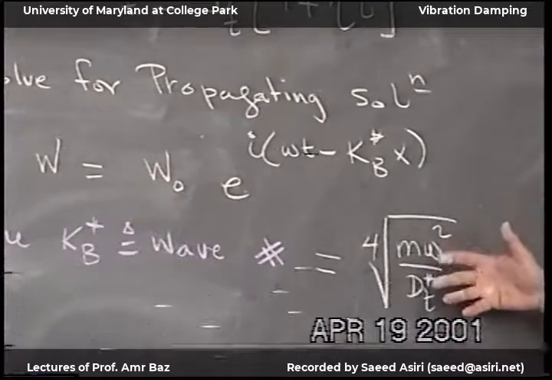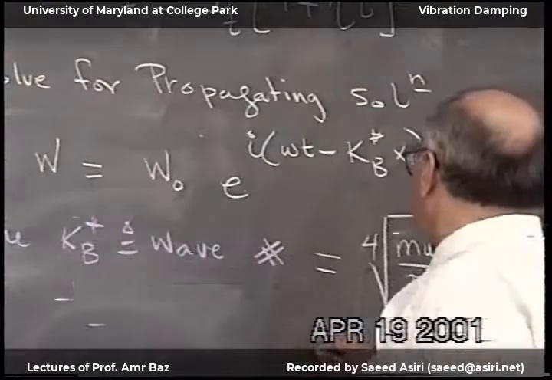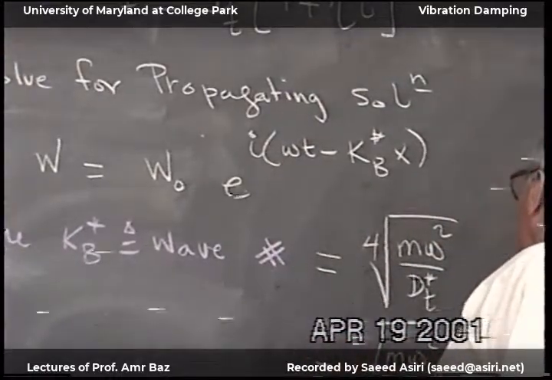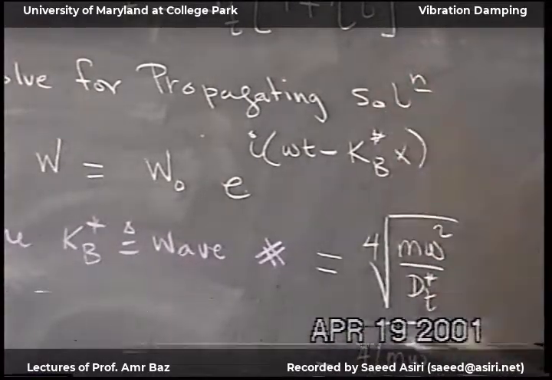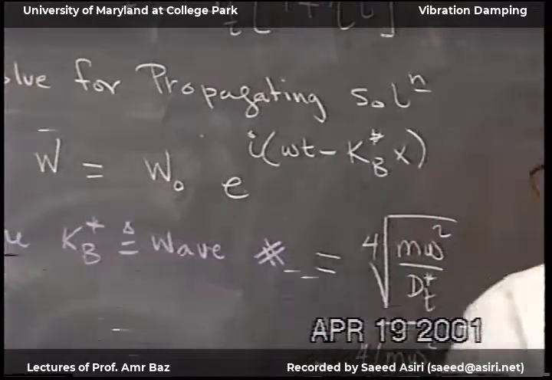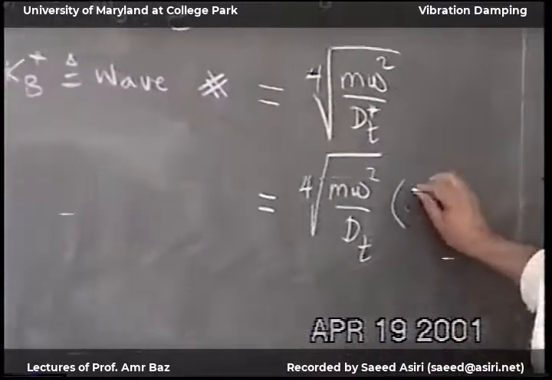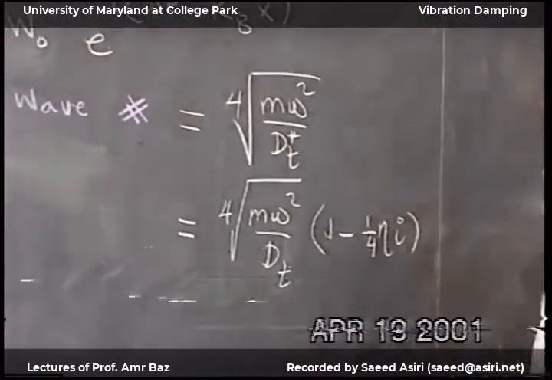So now we can substitute here D_T, and we'll end up with the square root of m omega squared over D_T, and then the remaining part, and this will be, as we did last time, 1 minus 1/4 eta i.